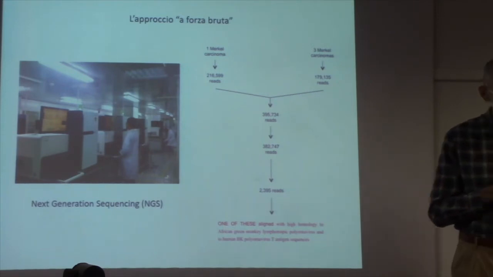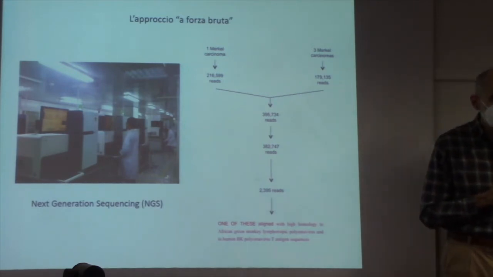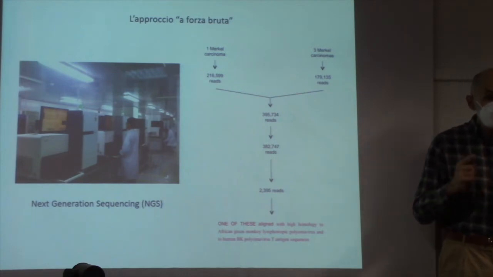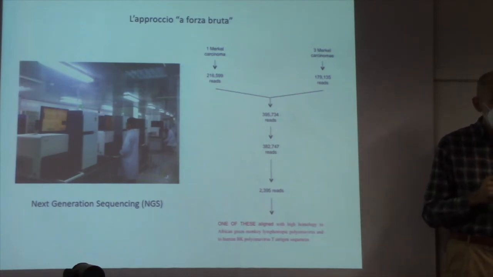So they were now looking for something they didn't know for sure was there. They didn't know the virus. They didn't know any properties of this virus. They could guess. And they didn't even know whether the virus as such was in the tumor.